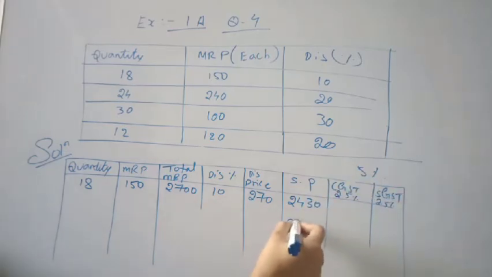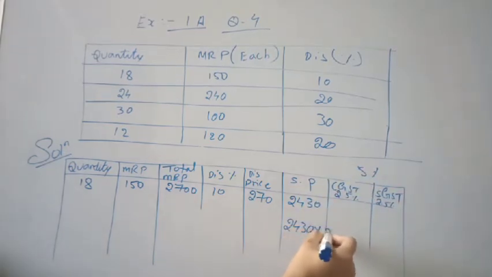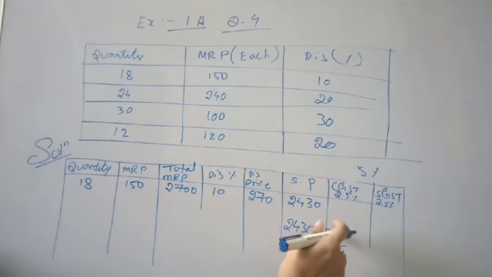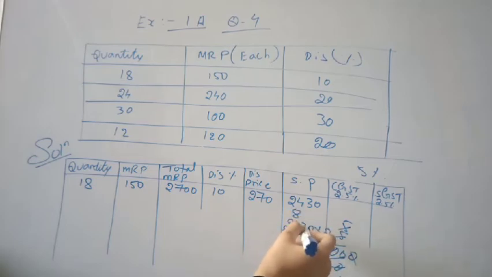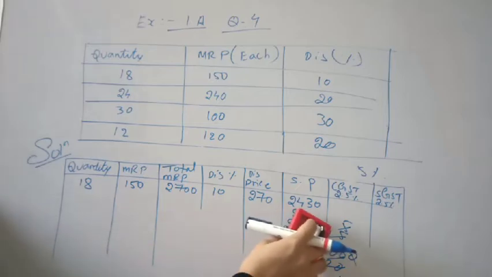So now 2430 into 2.5%, that is 2.5 upon 100. You can calculate 2430 into 2.5%, you will get CGST. CGST and SGST are always the same, because we divide the GST into two equal parts.